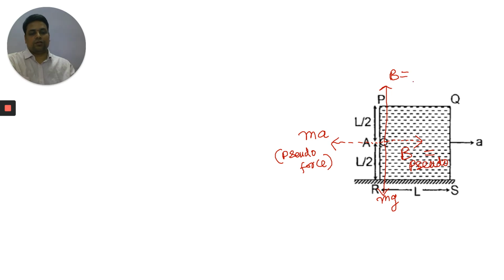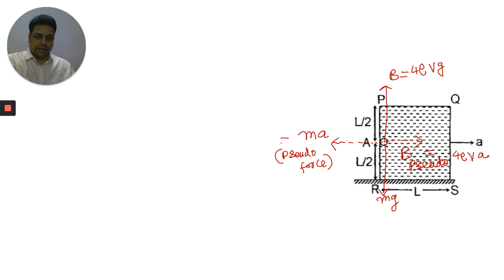So corresponding to mg, you will have what? You'll have the buoyant force is density of the liquid into volume of the object into g. Here pseudo buoyant force is density of the liquid, volume of the object into this acceleration of the frame.